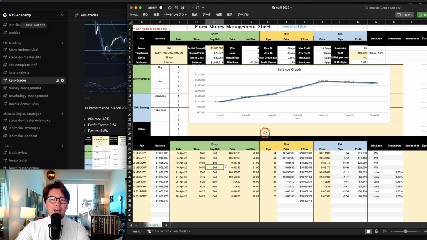Then you will find the areas to improve. This is a very important process to become a non-losing trader, and also a profitable trader.